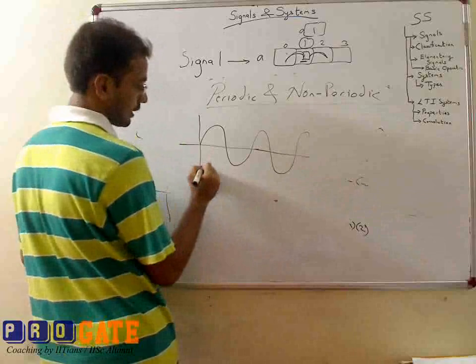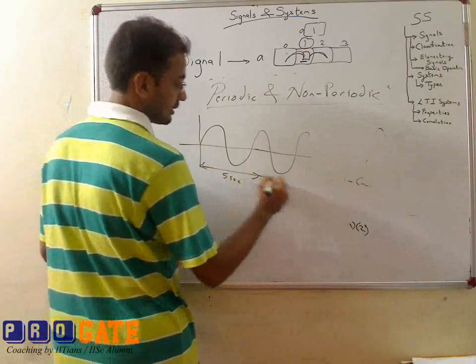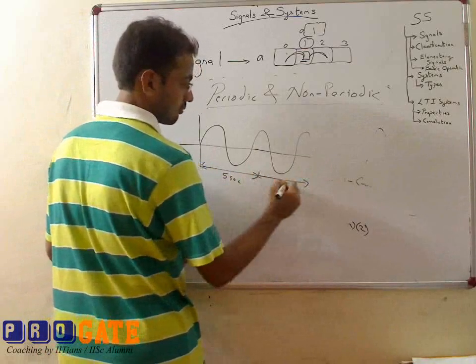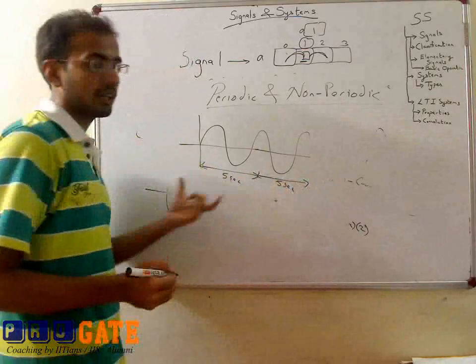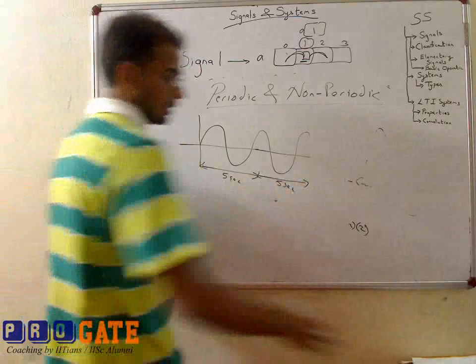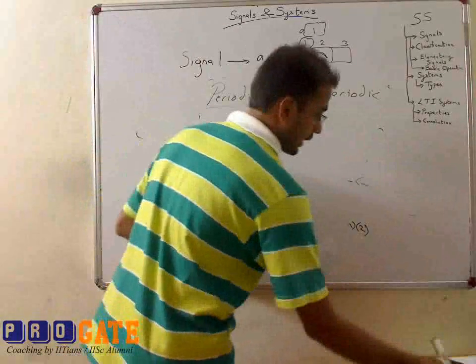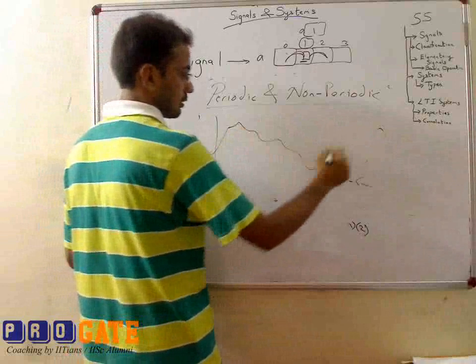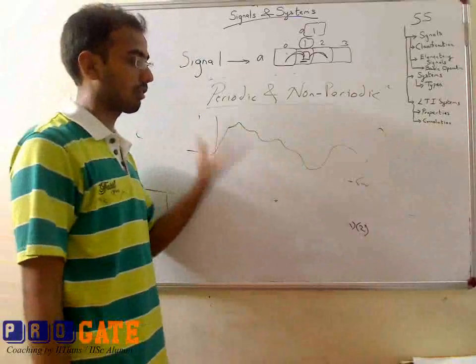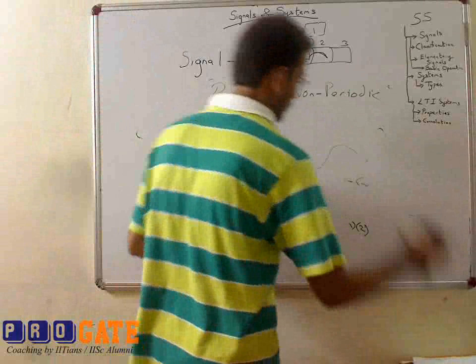If I take this interval as 5 seconds, then after every 5 seconds the same signal should repeat. That value 5 is the period of this particular sine wave. Non-periodic signals are signals which do not repeat. If you take any noise signal, it's some arbitrary signal. You cannot say when it will repeat. So it's an aperiodic or non-periodic signal.